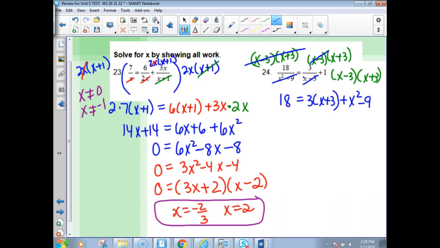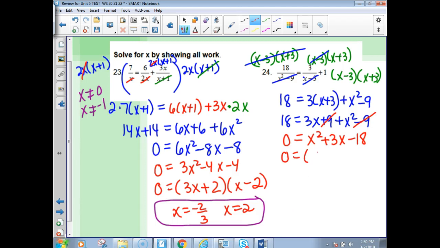Yep, that'd be better to go ahead and multiply it out. Distribute on the right, and we get 3x plus 9 plus x squared minus 9. Well, the 9s are opposites, so that's simplifying, getting rid of those. Set it to 0. And we'll rearrange it, so x squared's first, plus 3x, and then subtract 18.